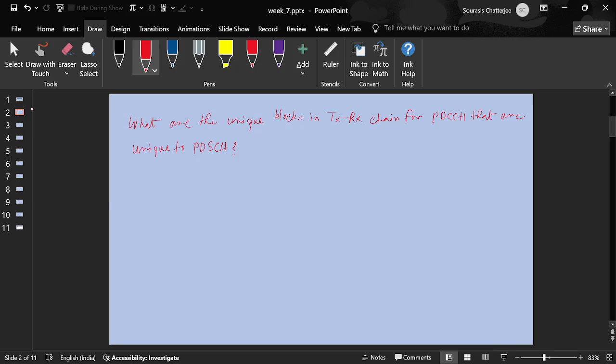How does the user even get that information? It's carried by PDCCH, right? In terms of carrying control information, and how does the user know at which particular slot or position in the OFDM grid its information is coming?